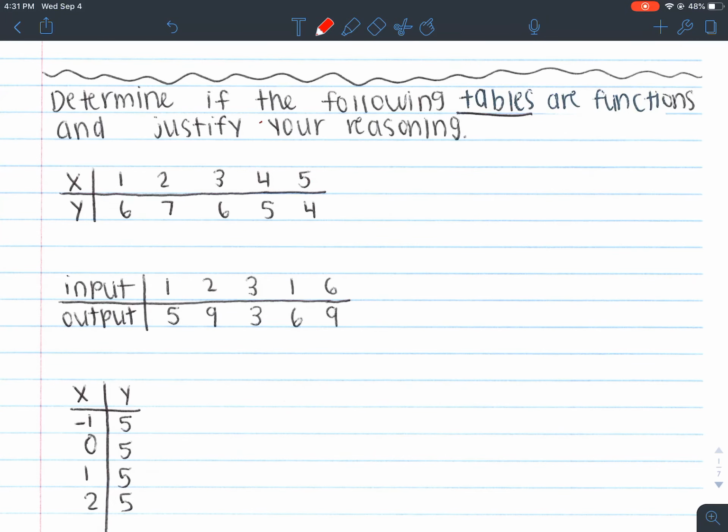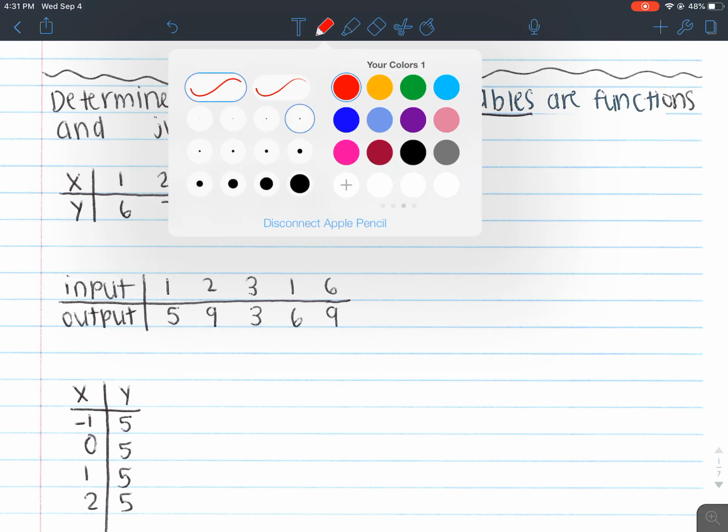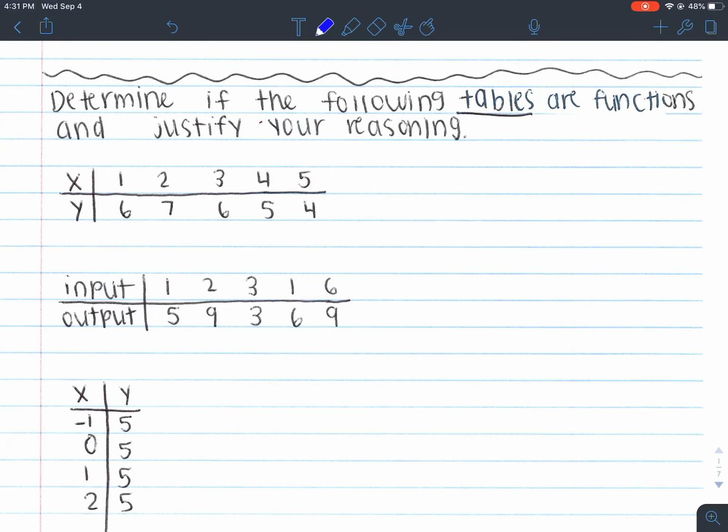So, determine if the following tables are functions and justify your reasoning. We're going into our first representation, which is tables. When I look at tables, I'm looking for repeating x values, x values that repeat more than once.